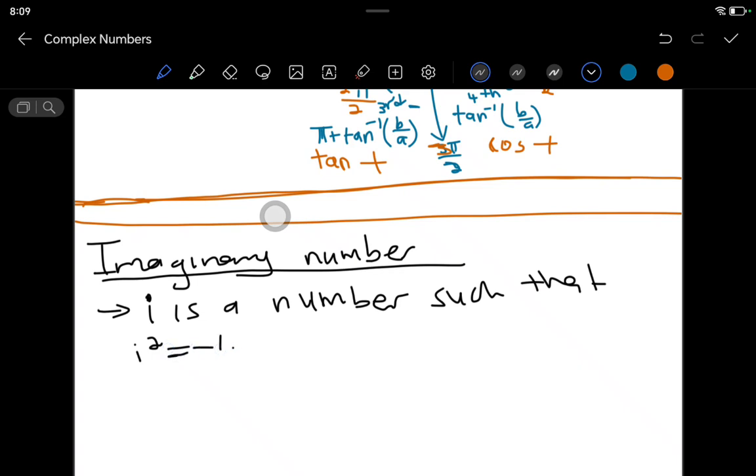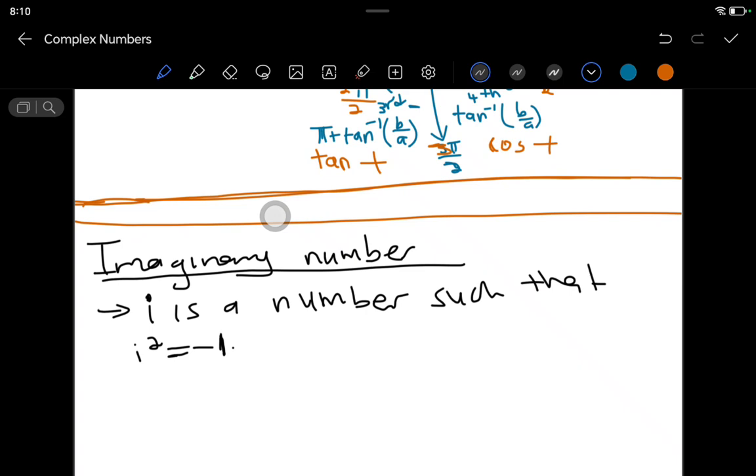So this is how they defined it in our guide for both SMT B0 and SMT H012, right? They say that i is a number such that i squared is equal to minus 1.